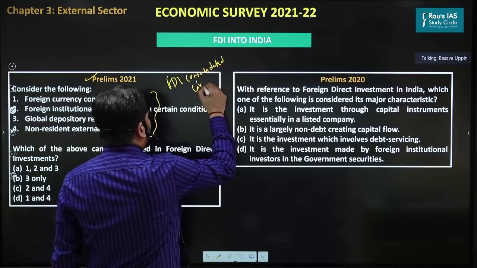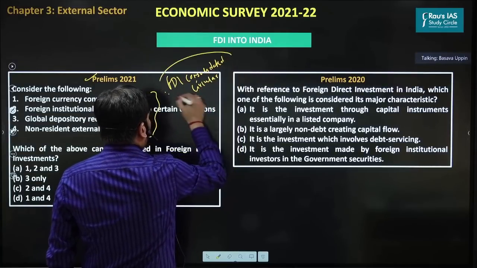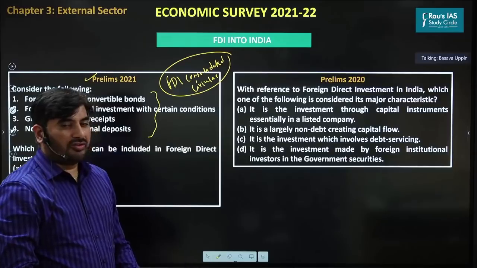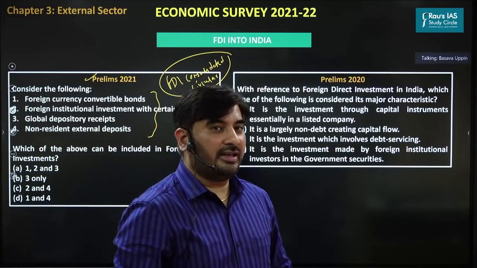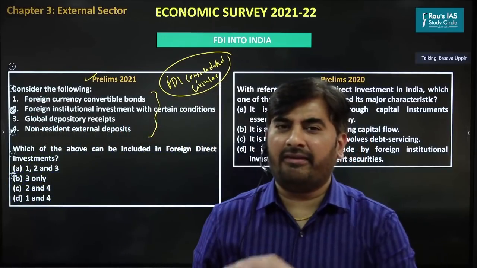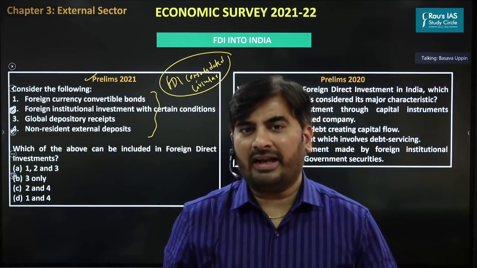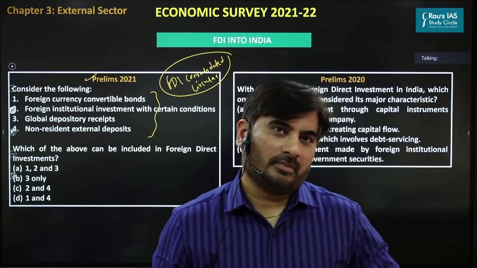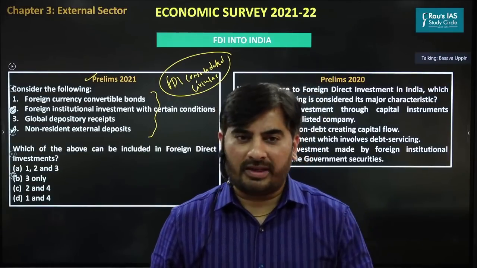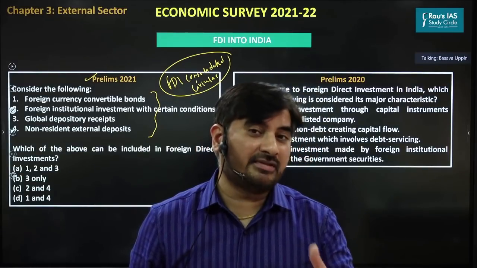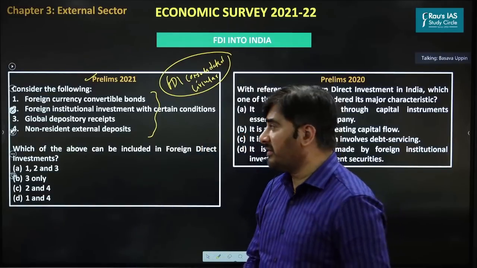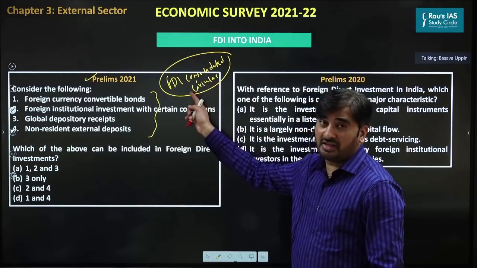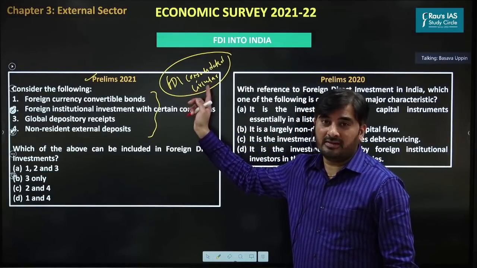If you type this in Google, you can download this copy, the FDI consolidated circular. In this particular circular, everything about FDI is covered. As far as you are concerned, you need not worry, because as part of the prelims revision classes, I shall be discussing all of these aspects about the FDI consolidated circular.